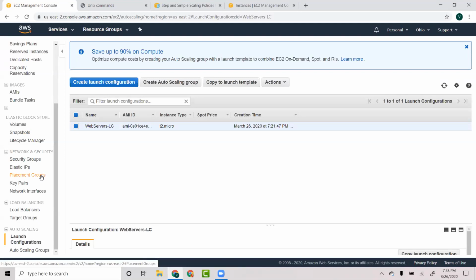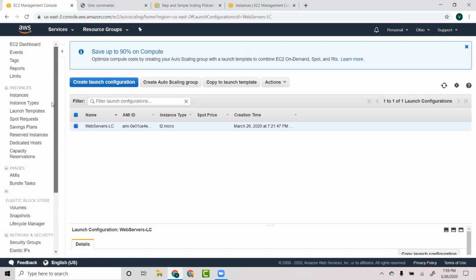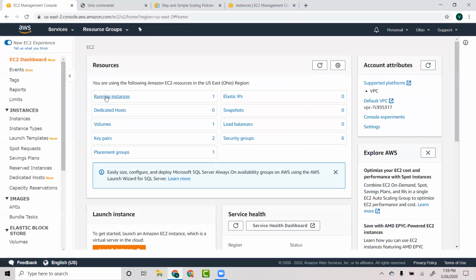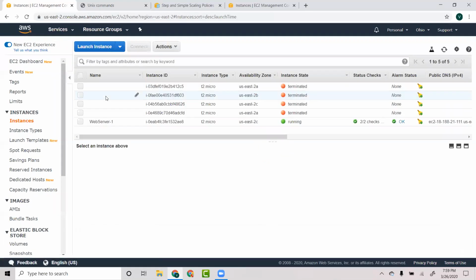Exactly. And for all practical purposes, that's how you want it to behave, right? Birth and death completely, the life cycle was managed by the auto scaling group itself. So, okay, that's about auto scaling group and instances.